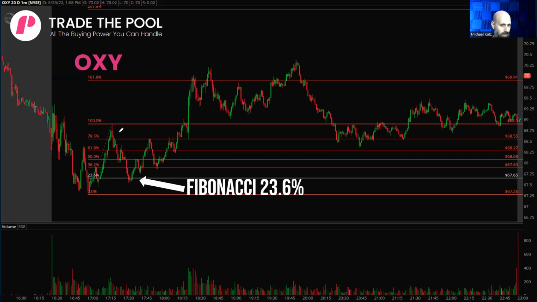The Fibonacci, you place it on the bounce up, right? You have the drop, you wait for the bounce up, and then you wait for the pullback.